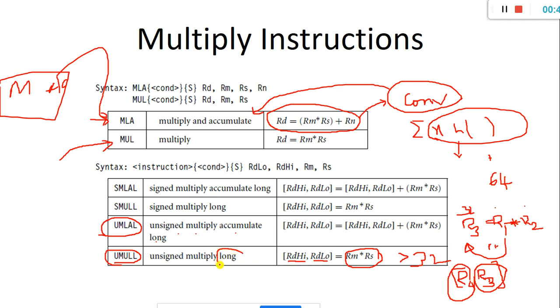Unsigned multiply long. Sometimes you will be using long int and long float. What does it mean? When you declare int in C programming, it allocates 4 bytes of data, right? Now if you perform a multiplication of two 4-byte data, the output int is only 4 bytes. Say for example this is i, this is j and k.